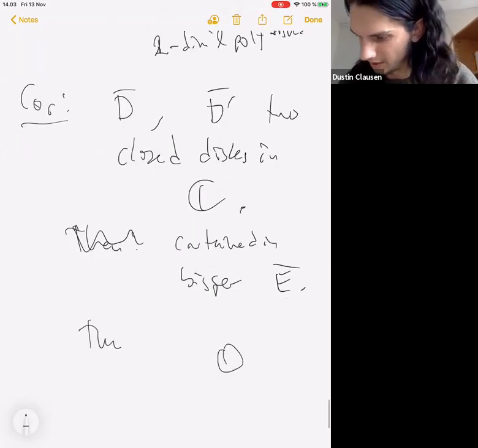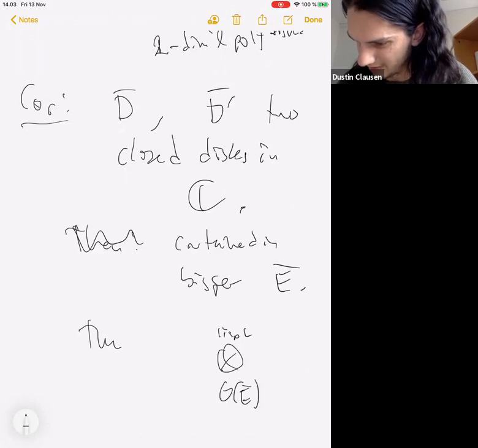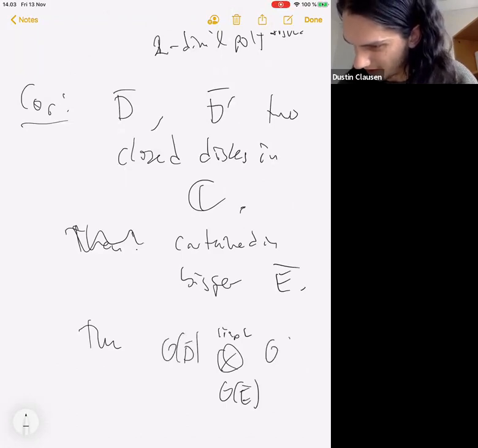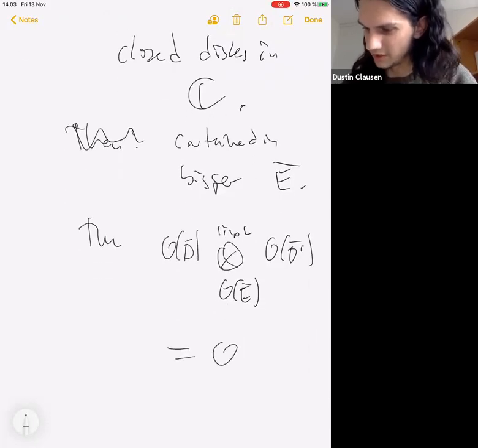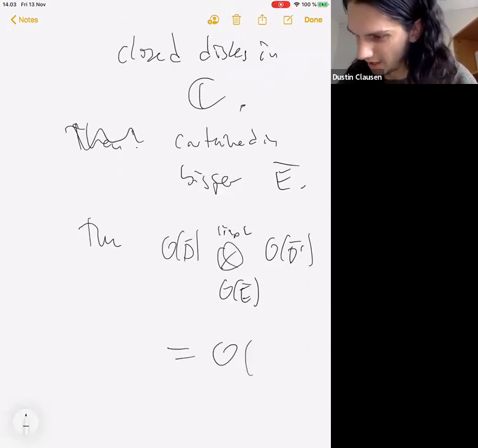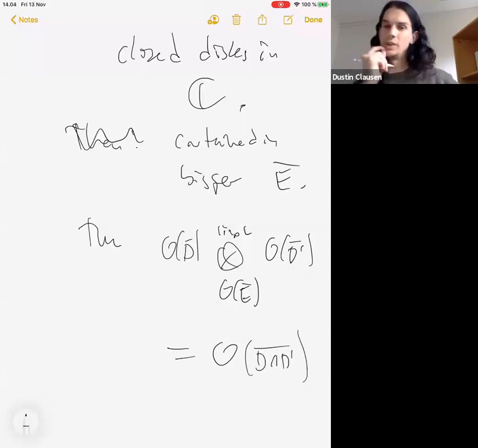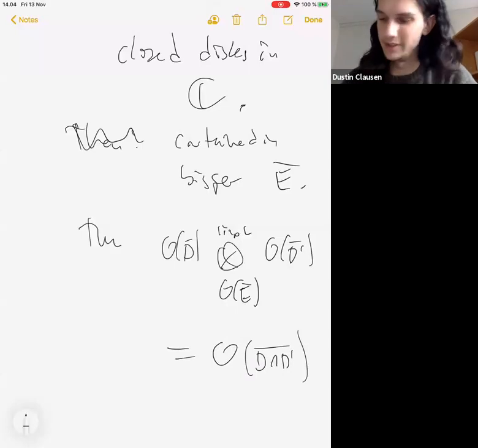Then you can take the derived liquid tensor product over O of E bar of O of D bar with O of D prime bar. This is concentrated in degree 0, and it's the holomorphic functions on the intersection of the two disks.